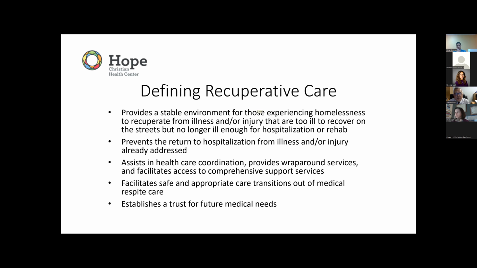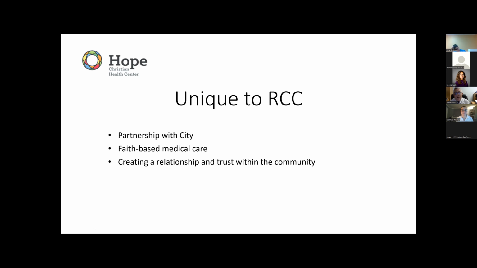And if we do well in building a relationship with that patient, they'll come back to either RCC or to another Hope clinic where they know that we have access to all their medical needs, everything that we've done in the past, as well as knowing that we're going to care for them.